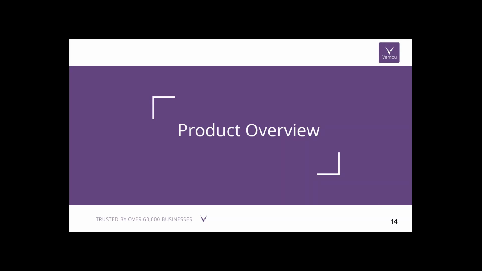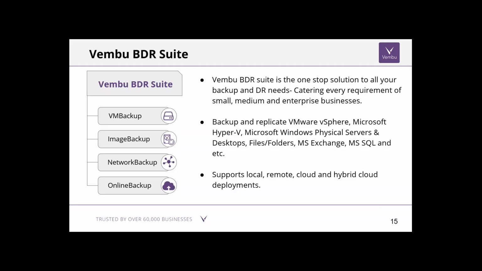These are all the challenges and the solutions we are providing so far, and let me cover the products we are offering. For backup and disaster recovery, we are offering the Vembu Media suite of products where you can use Vembu VMBackup to back up VMware and Hyper-V virtual machines, and you can use image backups to back up physical Windows servers, desktops, and laptops.